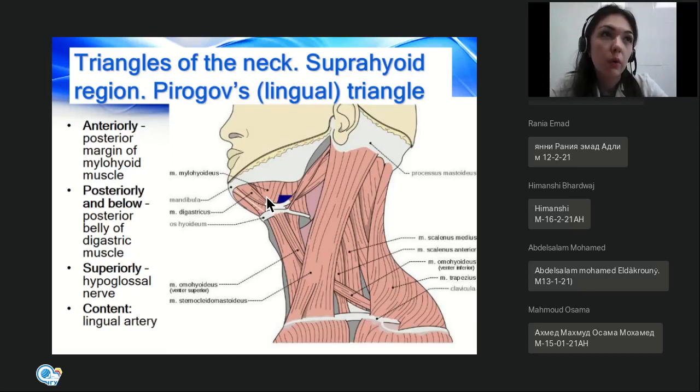Because, as all of you know, the tongue has a very rich blood supply. Sometimes when people bite their tongue, in case of different diseases, the blood loss is very severe. That's why, to prevent blood loss, we should ligate the lingual artery in this Pirogov's triangle.